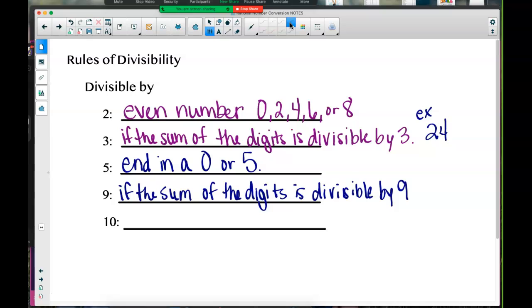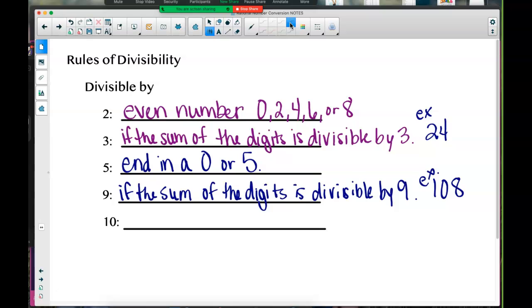Okay, so I could take a number like 108. I know that 108 can be divided by 9, because 1 plus 0 plus 8 is 9, and 9 goes into 9. Okay? Does that make sense to everybody?